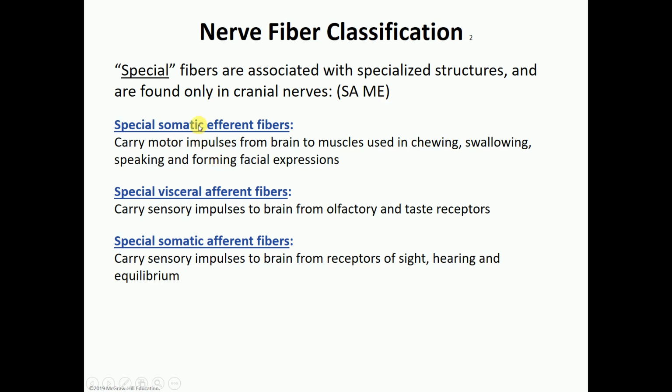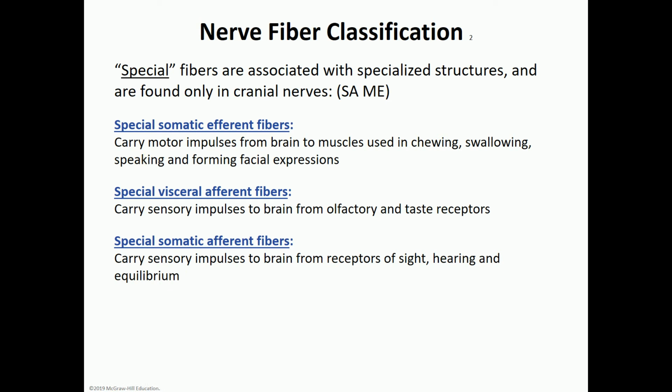These are somatic because we have voluntary control over them. They are special because they are related to eating and also related to speech. All of these are more like special senses.